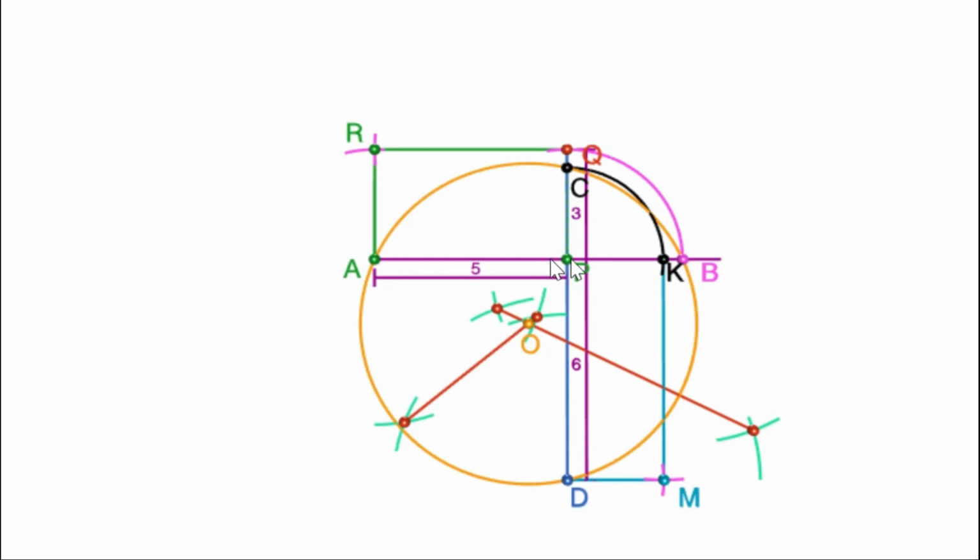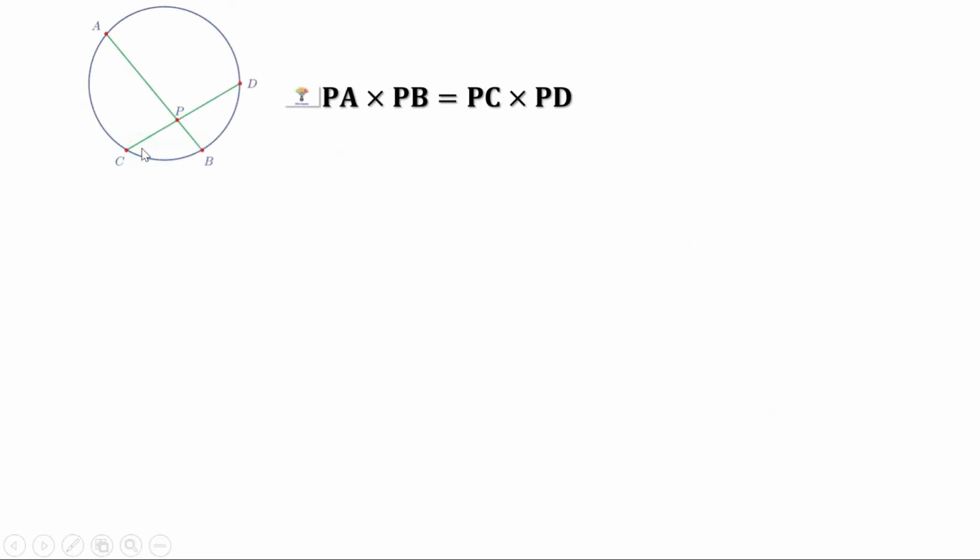We know PA into PB equals PC into PD. Therefore, the areas of these two rectangles are the same. Moreover, one side of the new rectangle is 6 cm. So we got a rectangle having the same area as the first rectangle with width 6 cm. Let us recall what we have learned today.